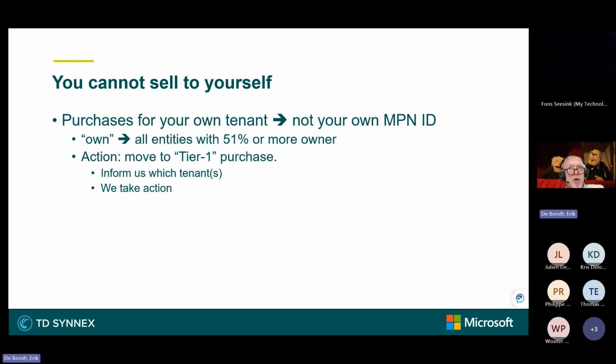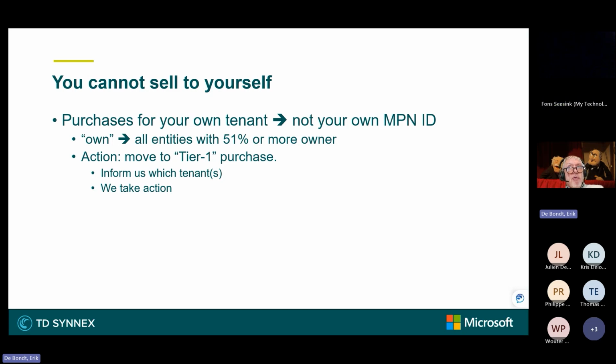That's why we are moving your tenant to a tier 1 purchase model. Meaning you buy it as a customer from TD SYNNEX and not as a reseller from TD SYNNEX. Pricing wise, we don't change the prices. There is no project at TD SYNNEX to adapt prices because you buy as a customer, but it needs to be done.